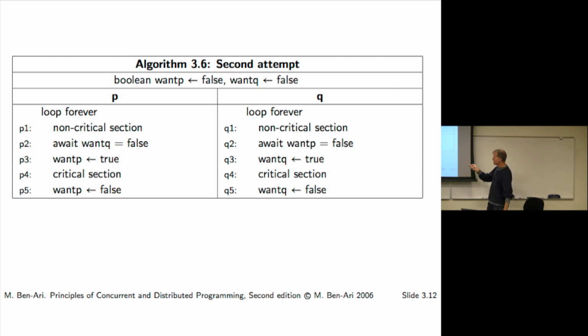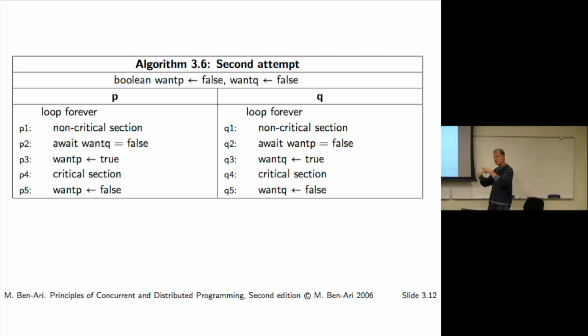So check it out. Here is the code. You have the non-critical section, and then what does P do in P2? P says await wantQ equals false. So why would he await for wantQ to be false? Because for him to get into his critical section, if wantQ is true, what does that mean?